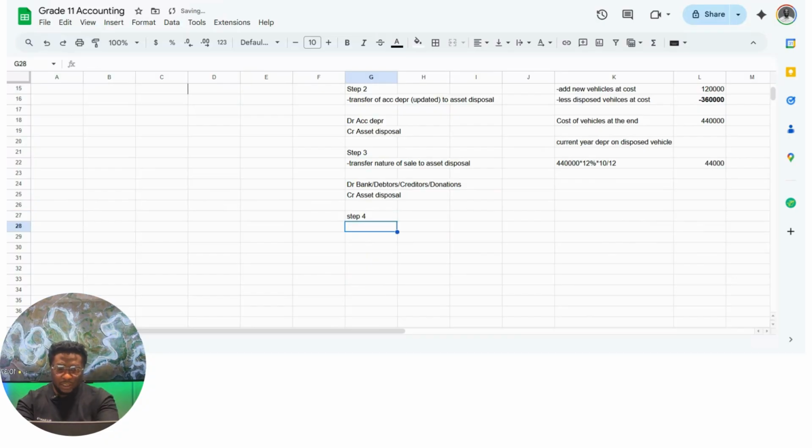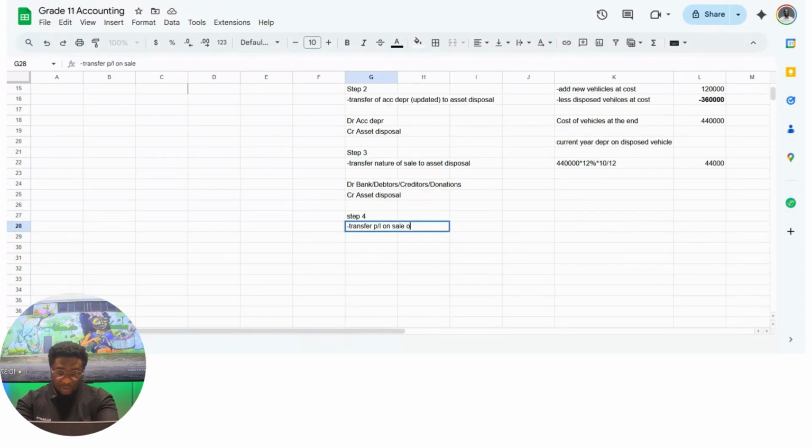So that's step 3, and then step 4. Step 4 is transfer profit or loss on sale of asset to asset disposal. Now, here the entries are a bit different. If it's a profit, we debit asset disposal and credit the profit on sale of asset.